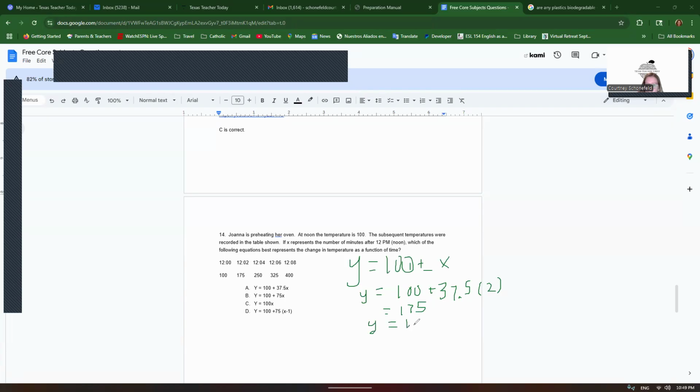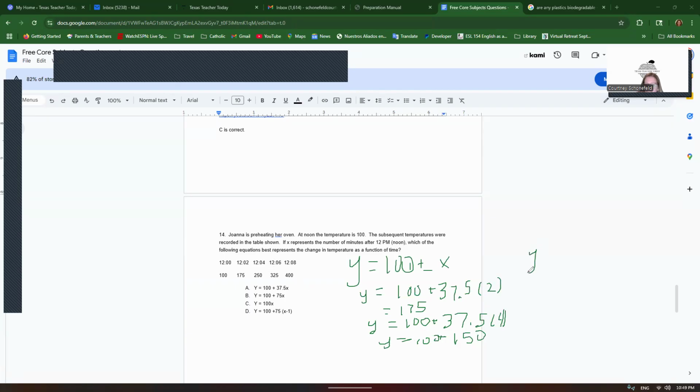Y equals 100 plus 37.5 times 4, right? 37.5 times 4 is 150. So 100 plus 150 is 250, right? So that checks out. Let's do one more.